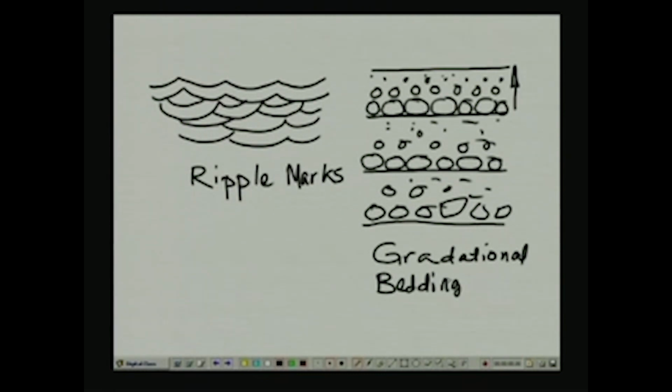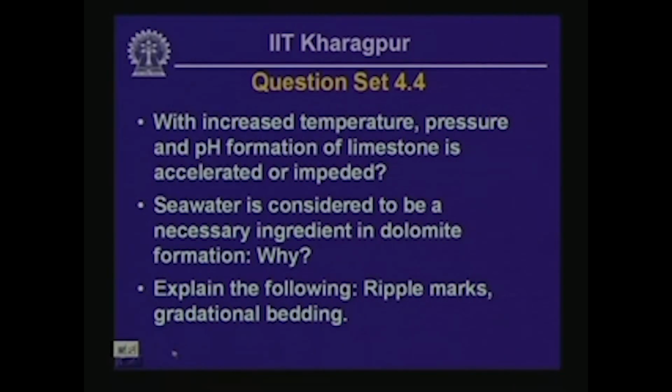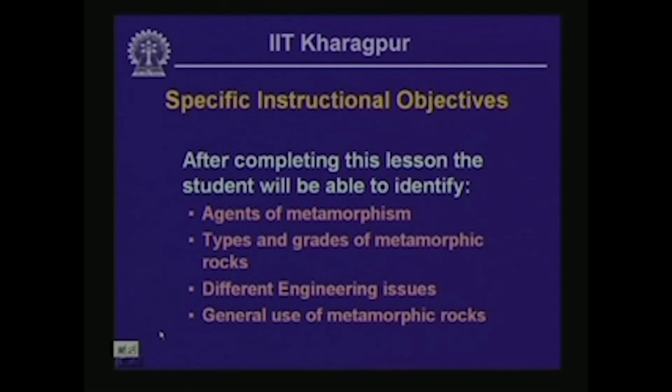All right. So, that kind of takes care of all the questions that were given to you in the previous class, and now we hop on to today's lesson. What we are going to learn from this particular lesson, we are going to look at the agents of metamorphism, the basic causes that lead to the development of metamorphic rocks.